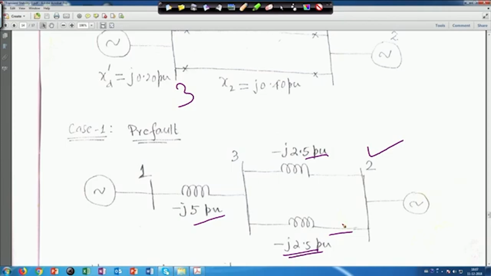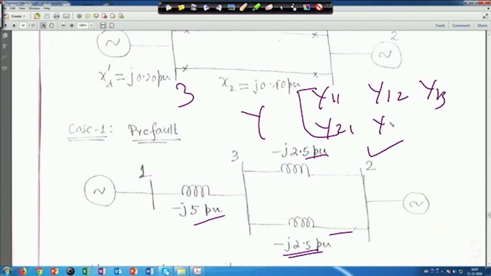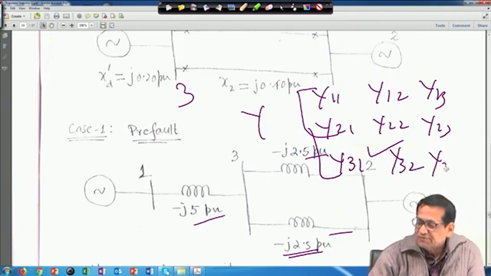Now, when you form the Y matrix for pre-fault, you have 3 buses. In general the Y matrix for pre-fault will be capital Y11, Y12, Y13, then Y21, Y22, Y23, and then Y31, Y32, Y33.